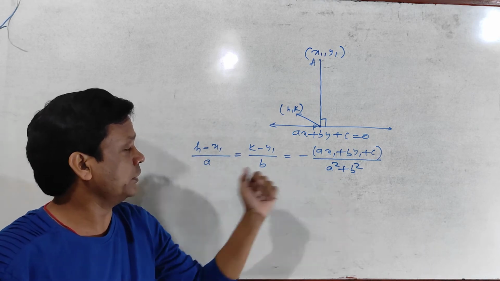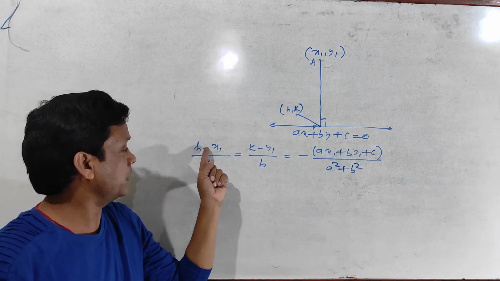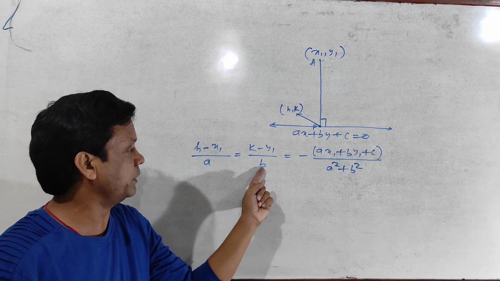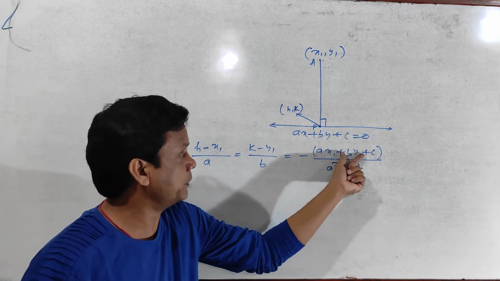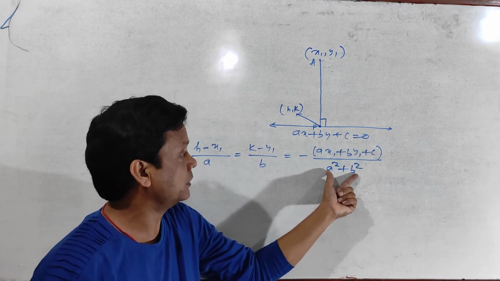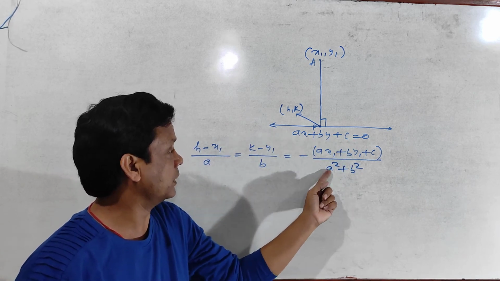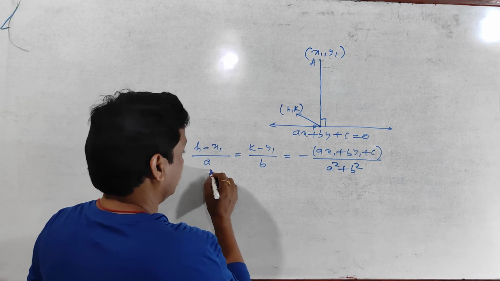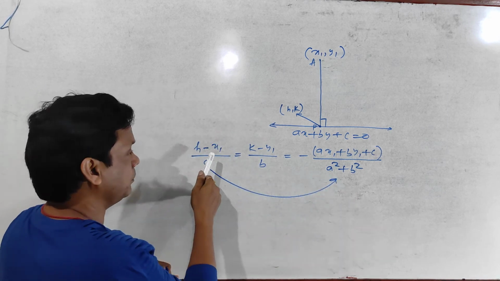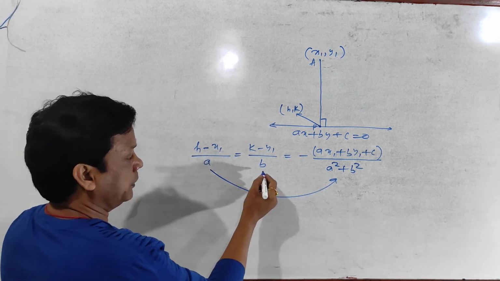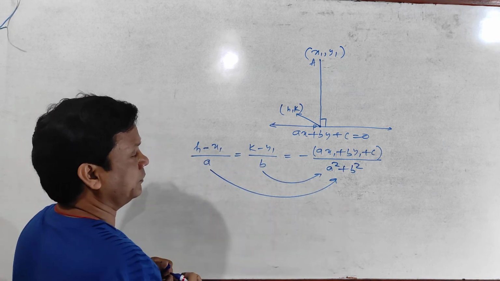So this is the required formula: (h minus x1) divided by a equals (k minus y1) divided by b equals minus (ax1 plus by1 plus c) divided by (a square plus b square). If you equate these, you will get the value of h, and equating these, you will get the value of k.